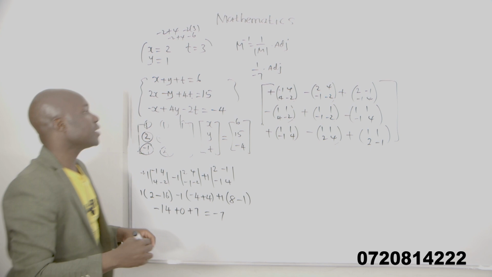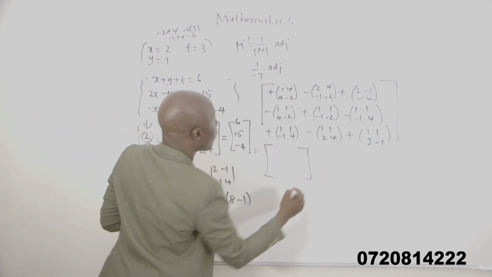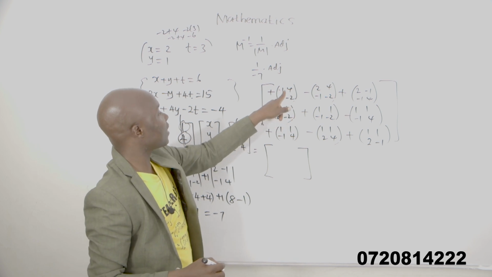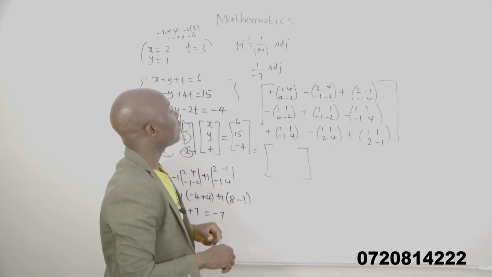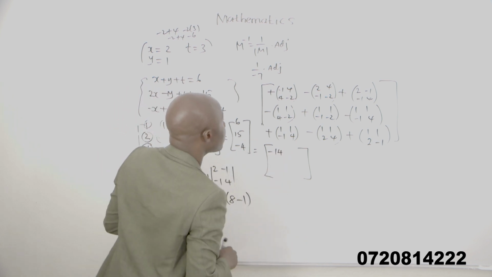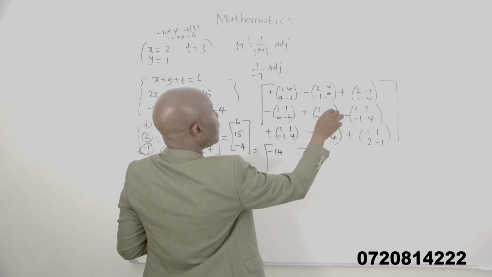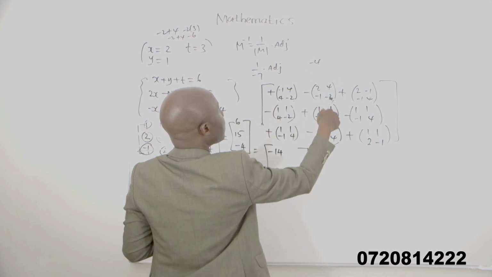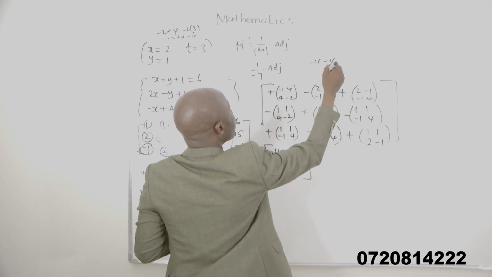Then we get that matrix. We need to find its determinant first. So we are going to find negative 2 times negative 1, which is positive 2, then 2 minus 16, which is minus 14. Then coming here, this is minus 4.